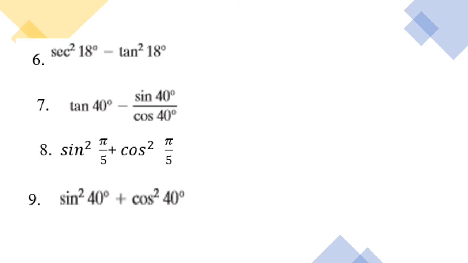Alright, now on number 6, you can notice that both of those are squared. And if you have those identities memorized, you'll know that tan squared and secant squared are related in the Pythagorean identity. Pythagorean identity says that tan squared theta plus 1 is equal to secant squared theta.